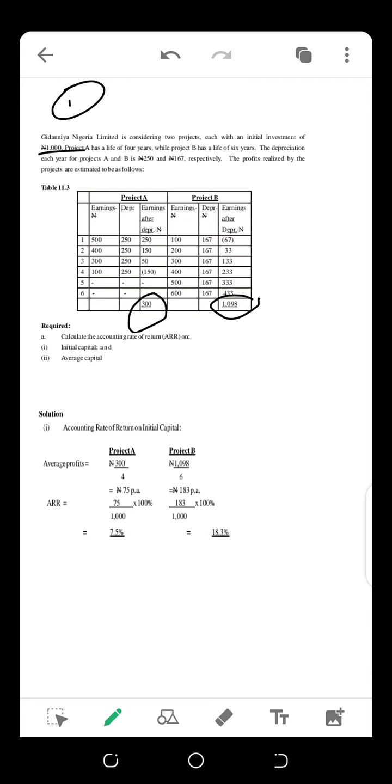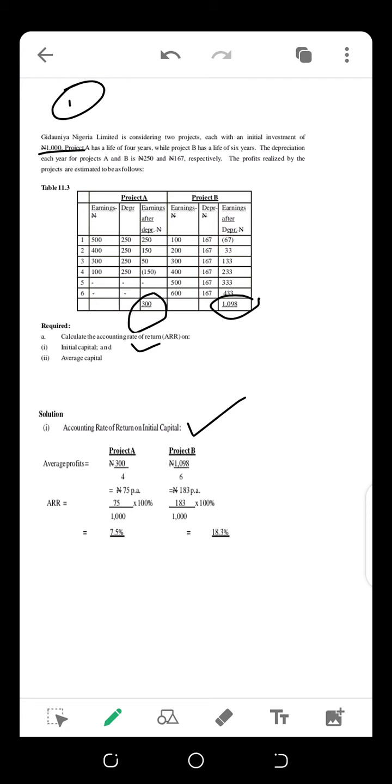So this is how you can determine your accounting rate of return using what? Initial capital. But the question said that we should calculate for initial capital and calculate for what? Average capital. And don't forget that average capital is divided by what? By 2, not dividing the profit by the number of years.